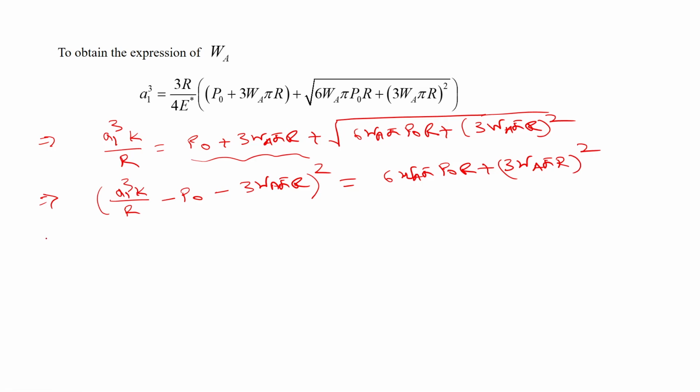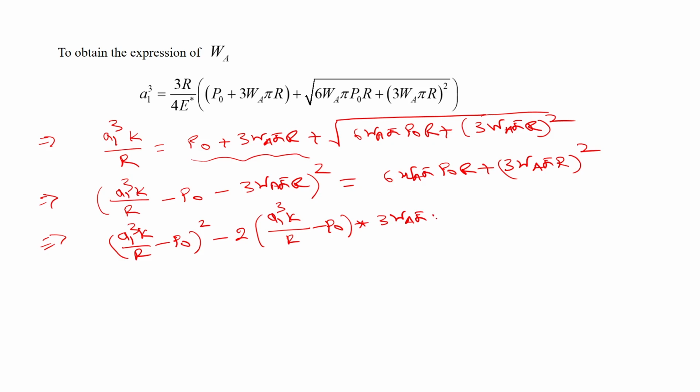So, here I will write it like this: A1 cube k by R minus P0, this is square, minus 2 into A1 cube k by R minus P0 into 3 W_A pi R plus 3 W_A pi R square, and this is equal to 6 W_A pi P0 R plus 3 W_A pi R square.